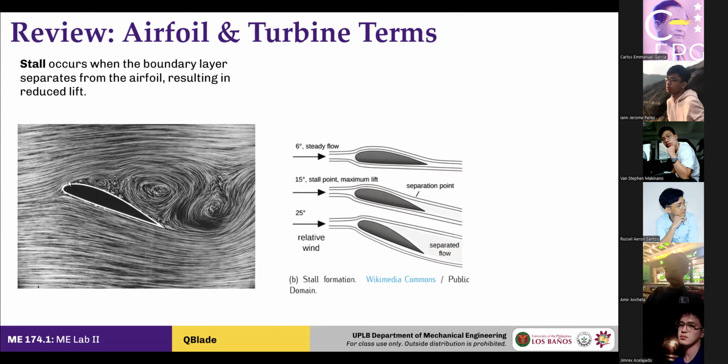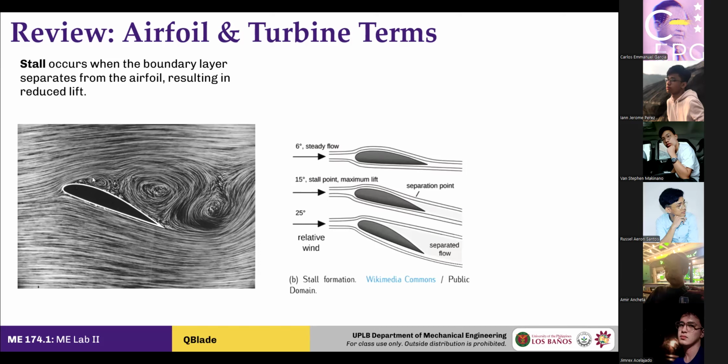So, here sa image na to, you can see sa airfoil na to, this is what happens during stall. The wind layers, the boundary layer of the air or the fluid delaminates very close to the leading edge. So, very close.